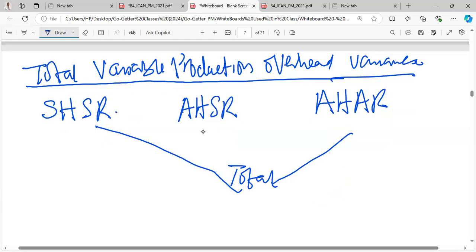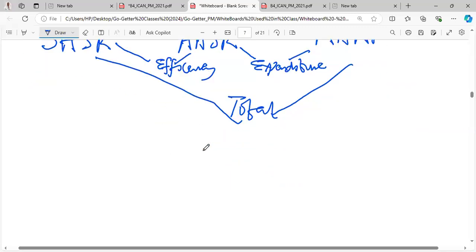If we take this, it is going to be what? Efficiency, just like we did in direct labor variance. Then instead of calling this one rate, call it expenditure. So instead of calling it rate, you call it expenditure.